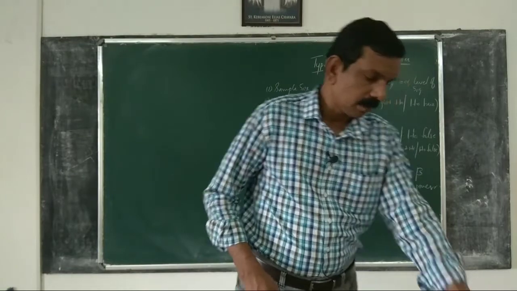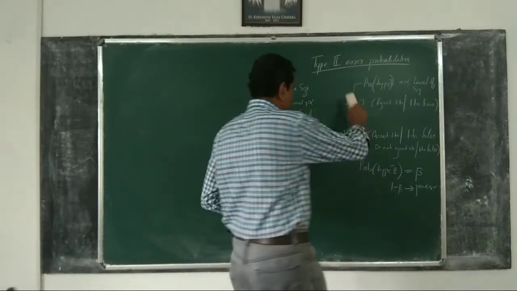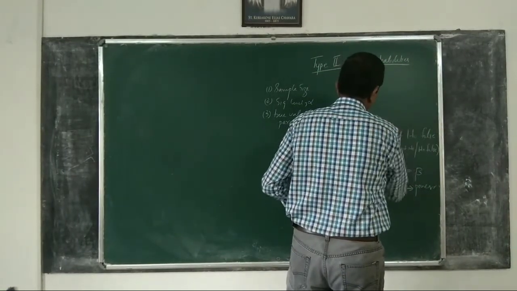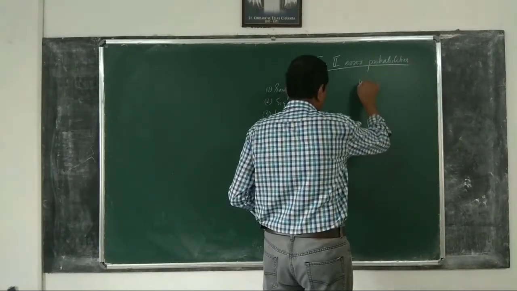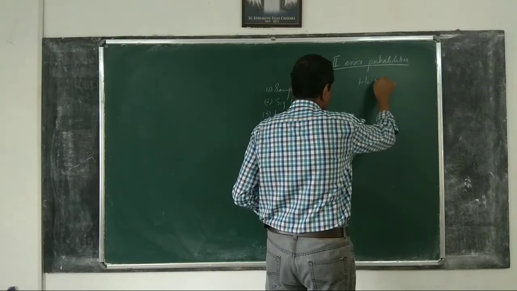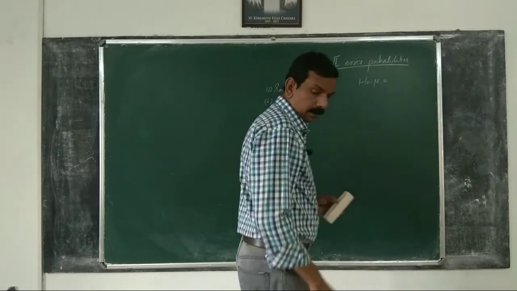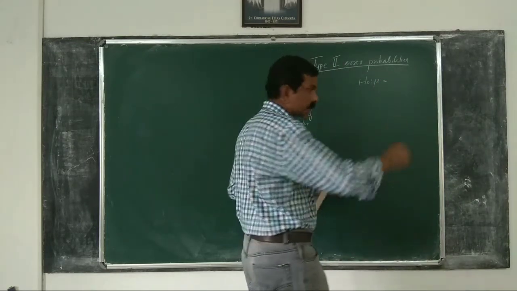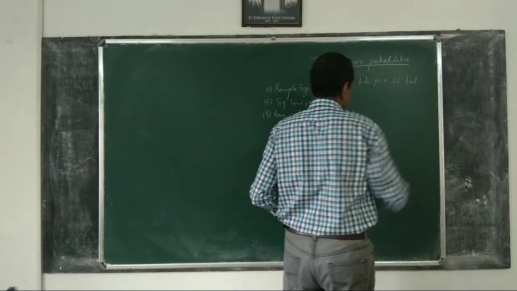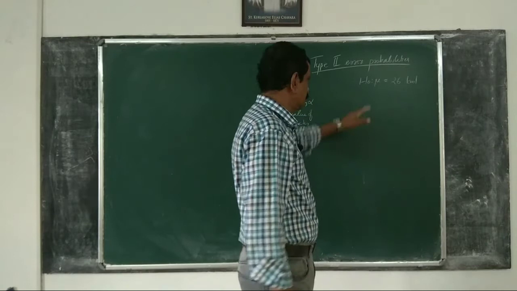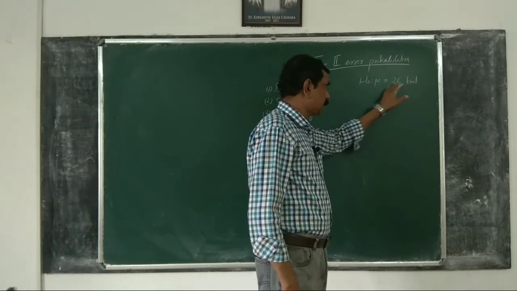Now to demonstrate how to calculate type 2 error probabilities, consider the earlier example. H0: mu is equal to 26 kilometers per liter. Suppose that this is the mileage of a car.